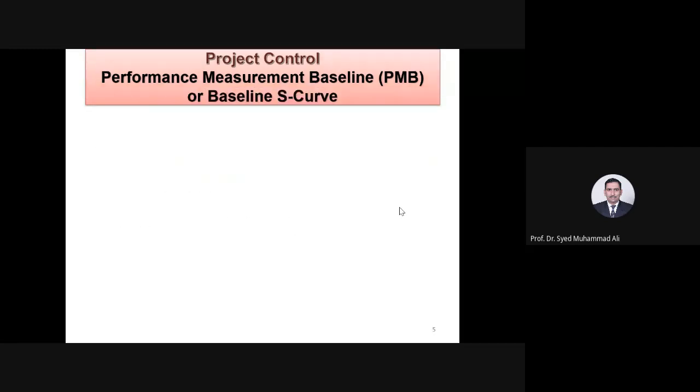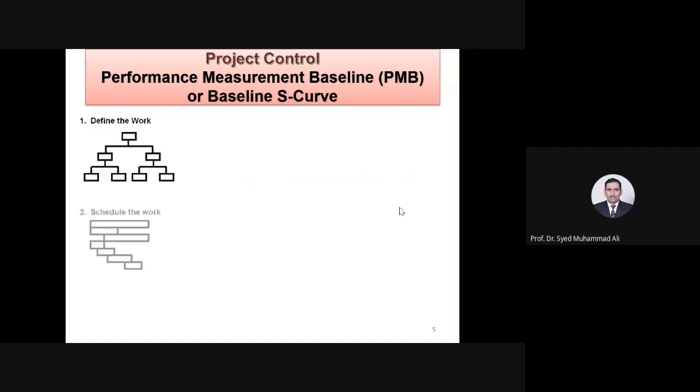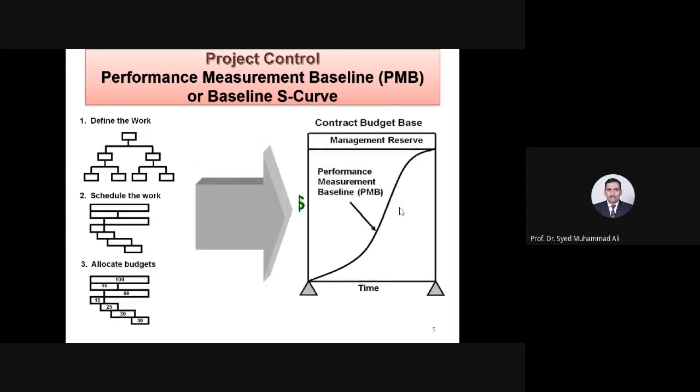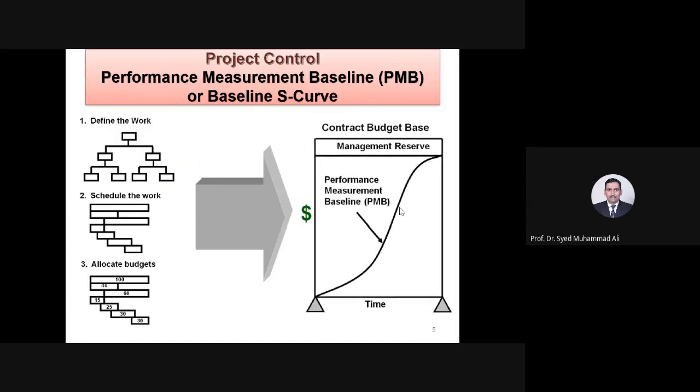Construct the PMB. Now this is the same. Define the scope, schedule the work, allocate budget. So budget is allocated, and from there you get this type of curve. You see, on the horizontal axis you have the time. On the vertical axis, you have the money, the cost, and this is an S type of curve.